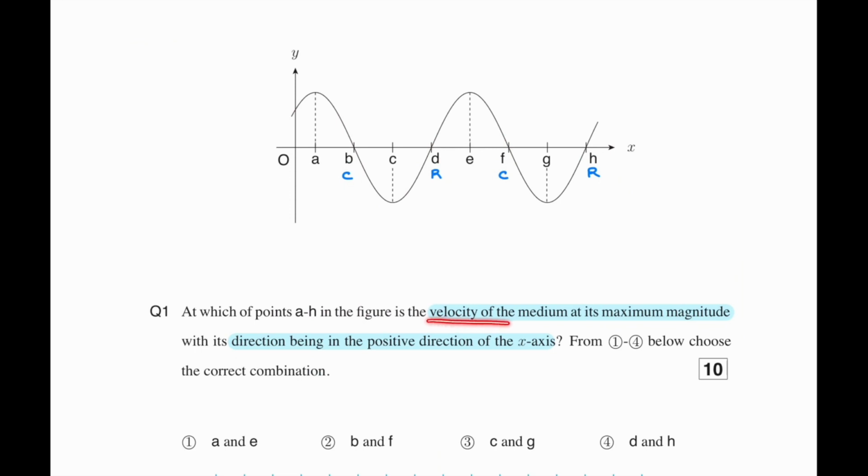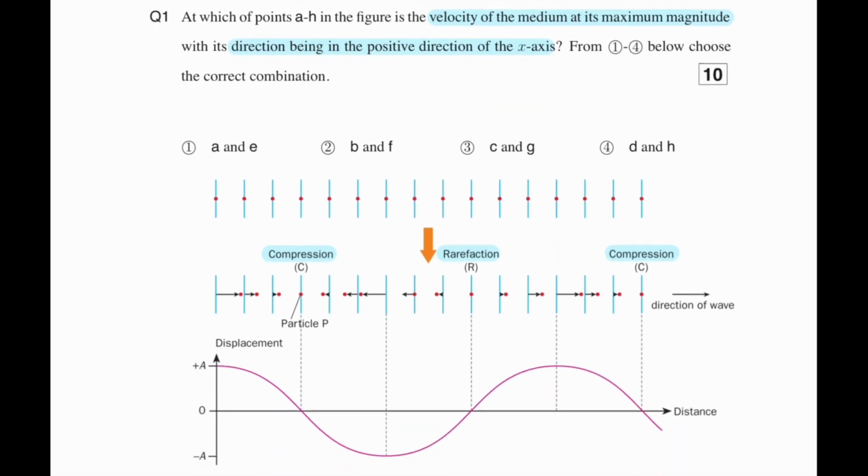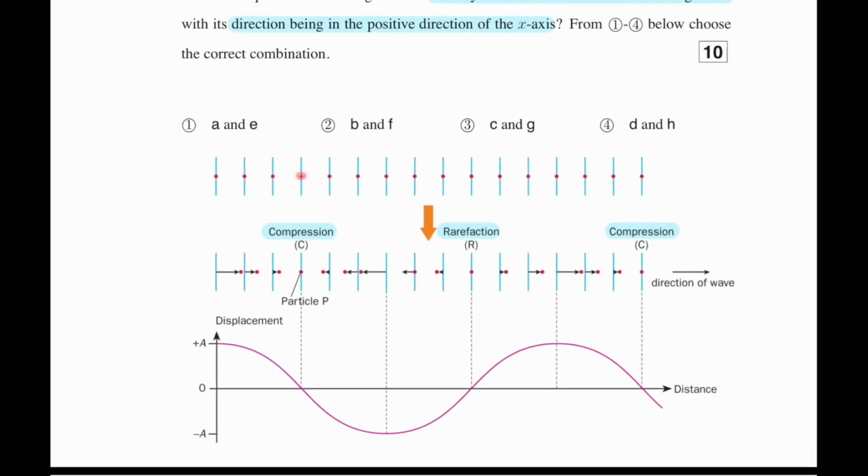The velocity of the medium at its maximum magnitude is, of course, not in the position of compression or rarefaction. Why? Because in compression and rarefaction, the particles of the medium are not moving.